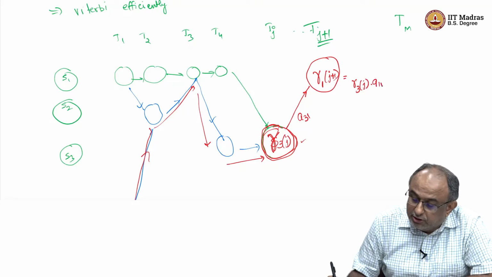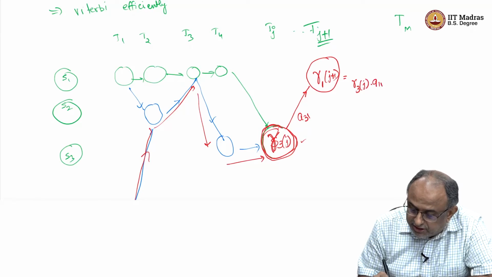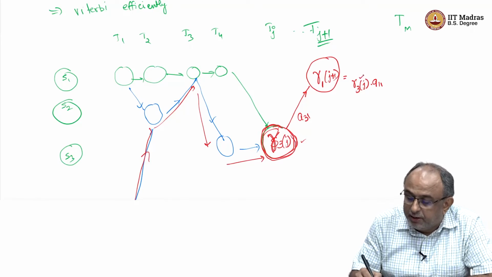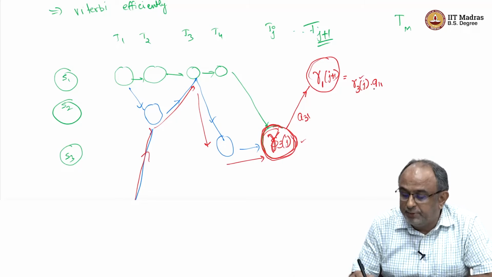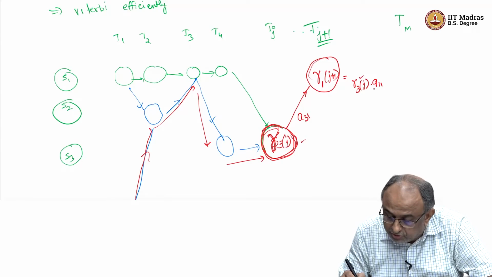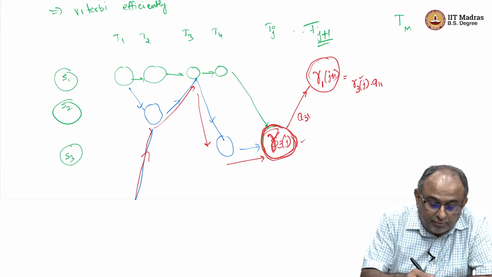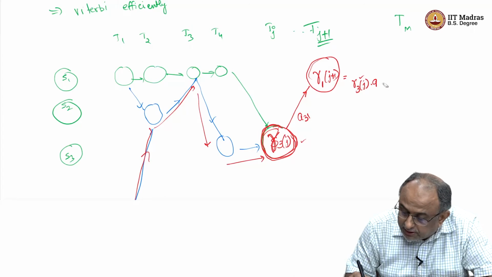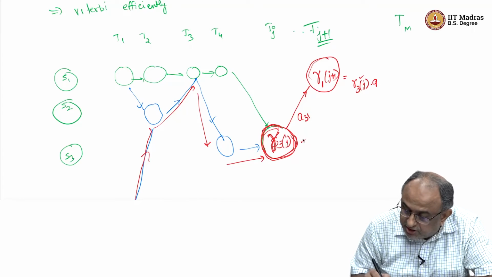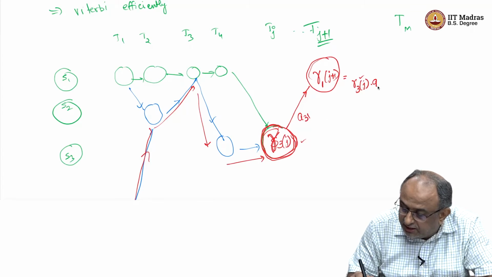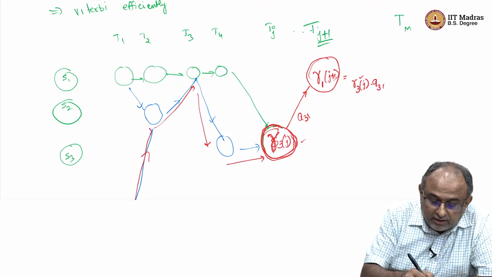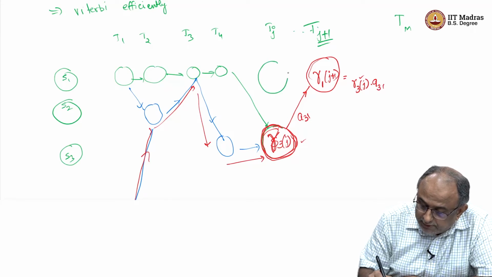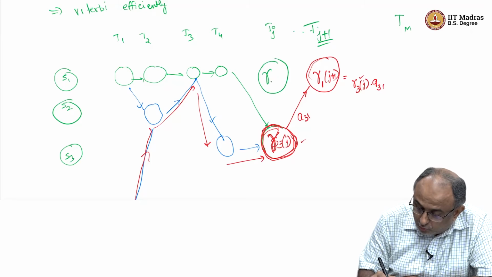So, the maximum probability to reach here is gamma 3j. If I want to reach from here to here, I will get a multiplication by a, sorry, this should be a31. I have not written it properly. This should be gamma 3j multiplied by a31. Similarly, I could have found the other path, gamma 1j, being in the first state at the jth time instant.